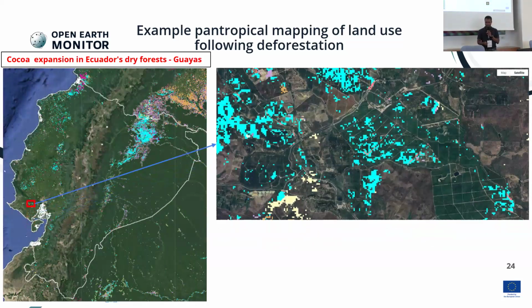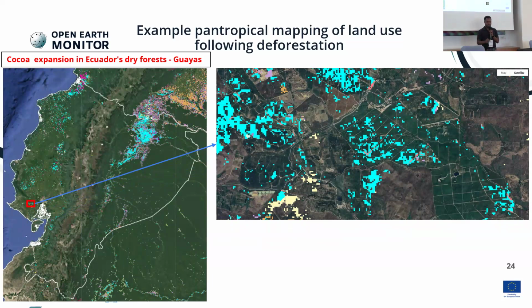Just going further to finalize, one of the points I want to raise here: this was a deforestation event happening in Ecuador, but in the forest product it is not so much detected, because for dry forests the detection performance is not so good, so they are missed out. It only detects some small pixels, as you can see.